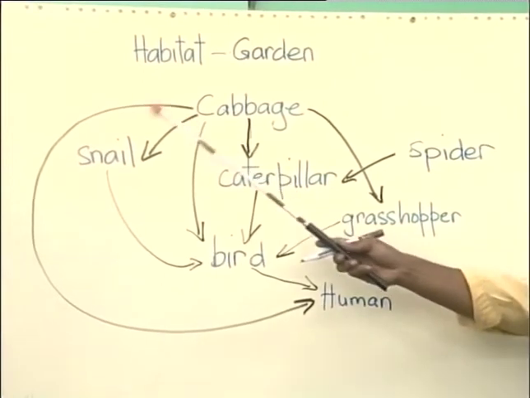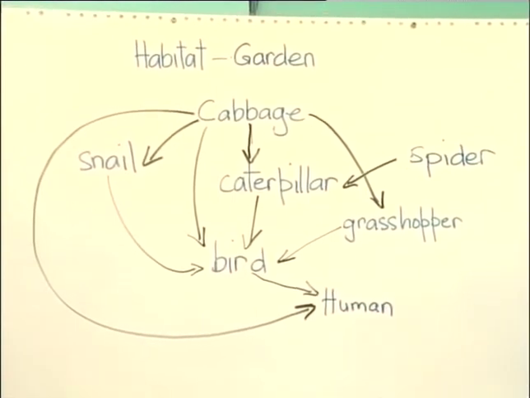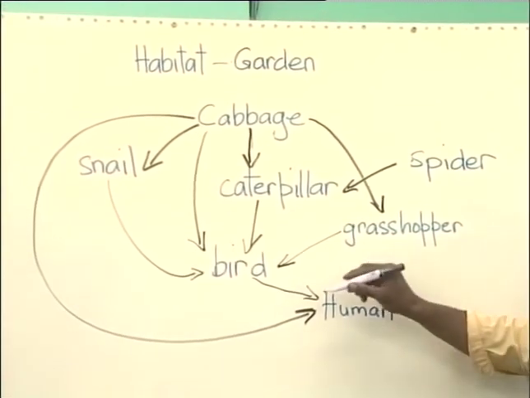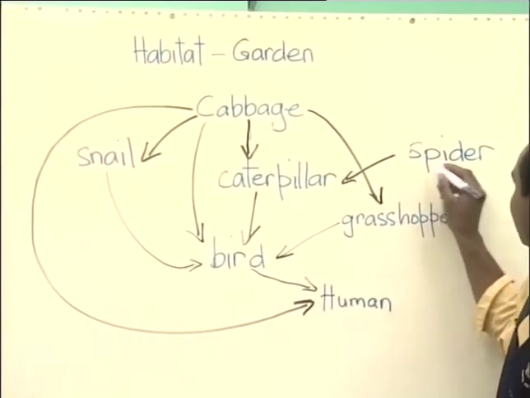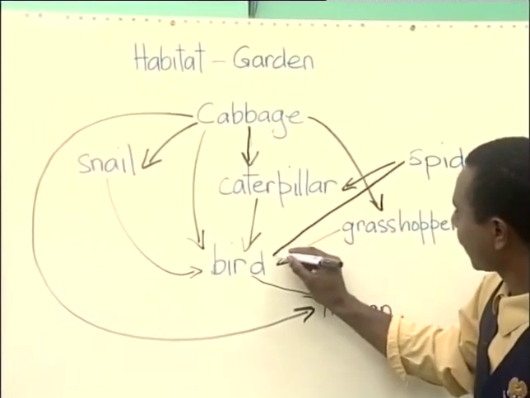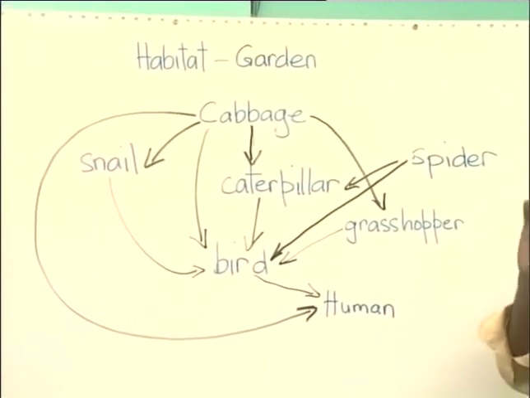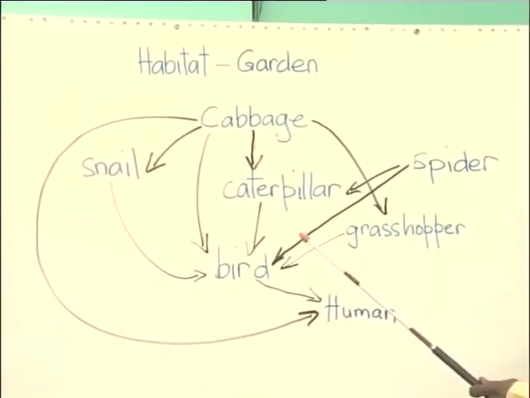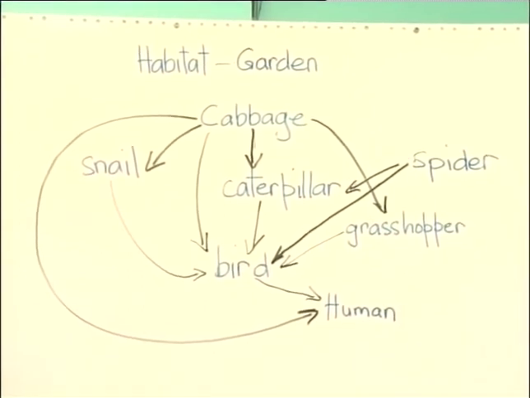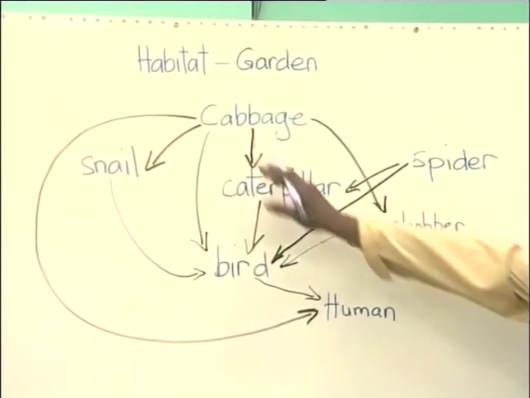Okay, let's have a look at our food web. Anything else? Birds eat spider. So our spider also comes here. Okay. My arrows. Is it wrong? Okay, let's see.